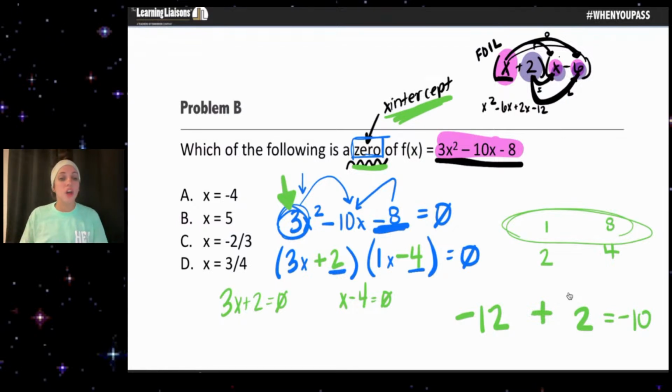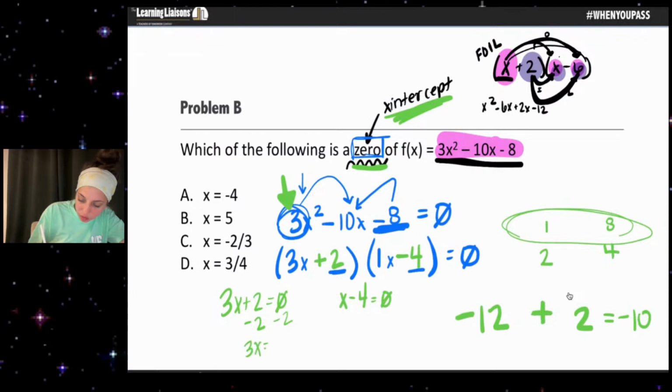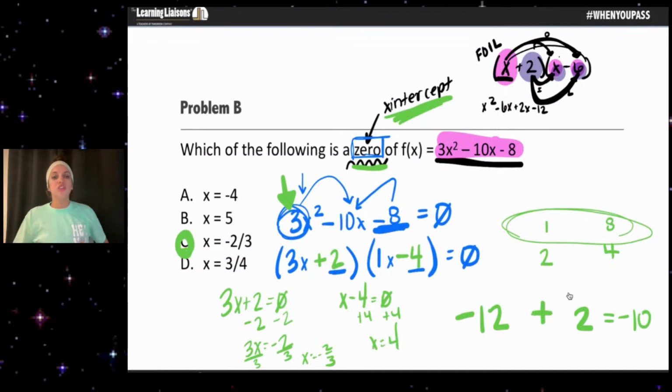Everybody needs to know how to solve a basic equation. Minus 2, 3x equals negative 2. Divide by 3 on both sides, x equals negative 2/3. Bingo! Add 4 to both sides, x equals 4. That's not even an answer choice, so x equals negative 2/3 is the answer.